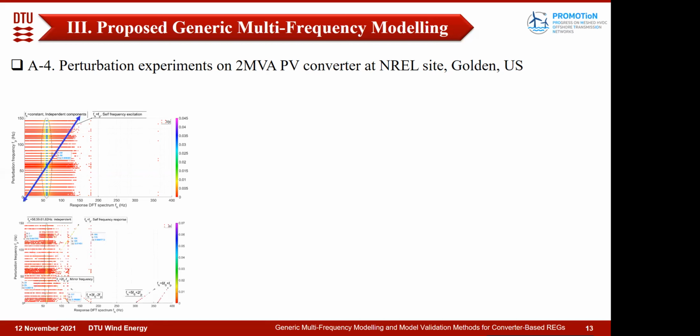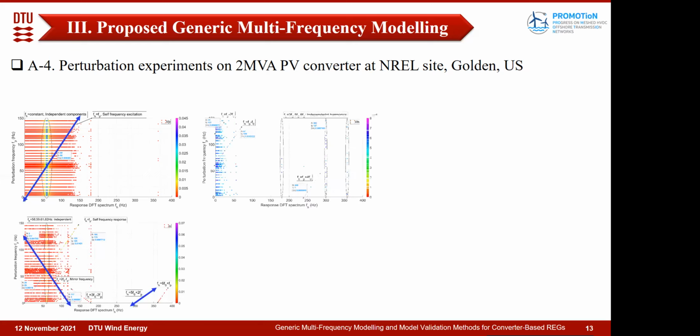Also here in the second figure, we see the positive sequence current response. And we see that here it's actually more visible. We also see different forms of the response, not only this one. The rest of the components we observe are couplings.